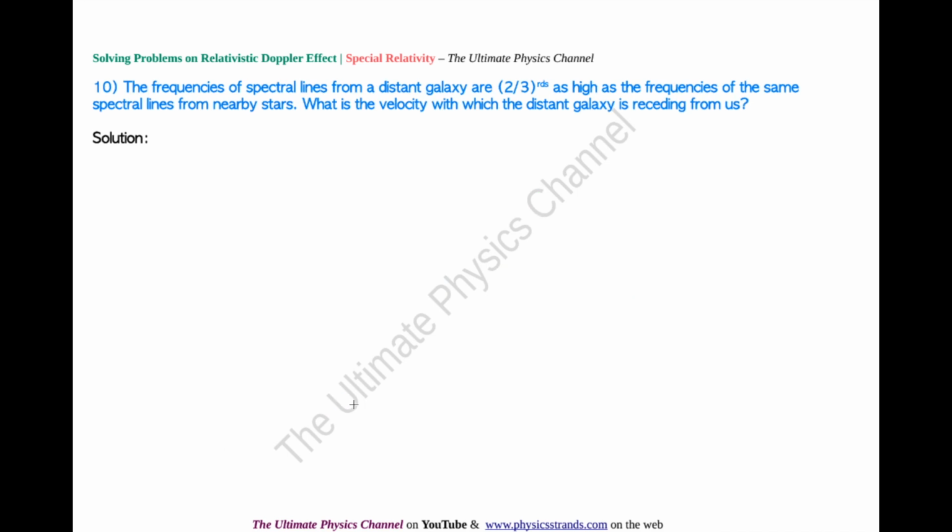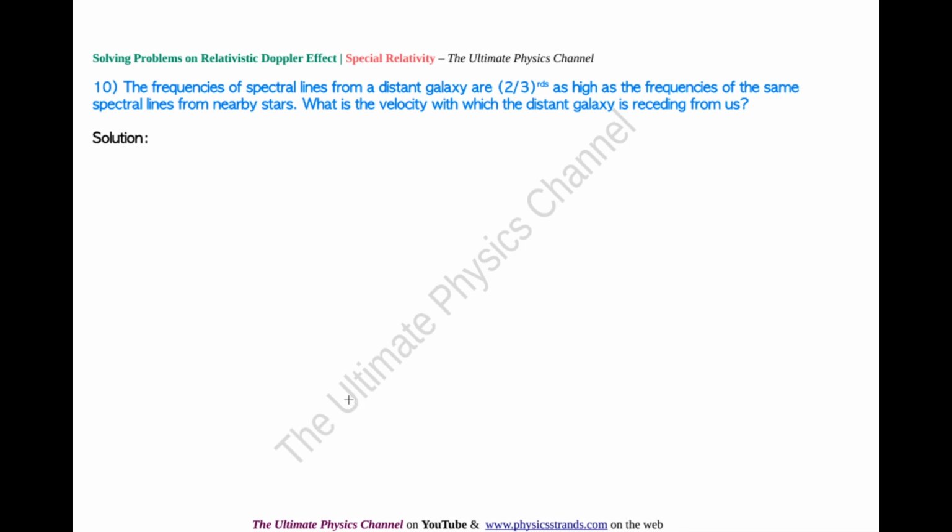The frequencies of spectral lines from a distant galaxy are 2/3 as high as the frequencies of the same spectral lines from nearby stars. So here the comparison of the spectral lines is between the nearby stars and the distant galaxies. Distant galaxies, we know, are typically receding away from us, whereas nearby stars are approaching us. So comparing these two frequencies, what would be the speed of recession of these distant galaxies?